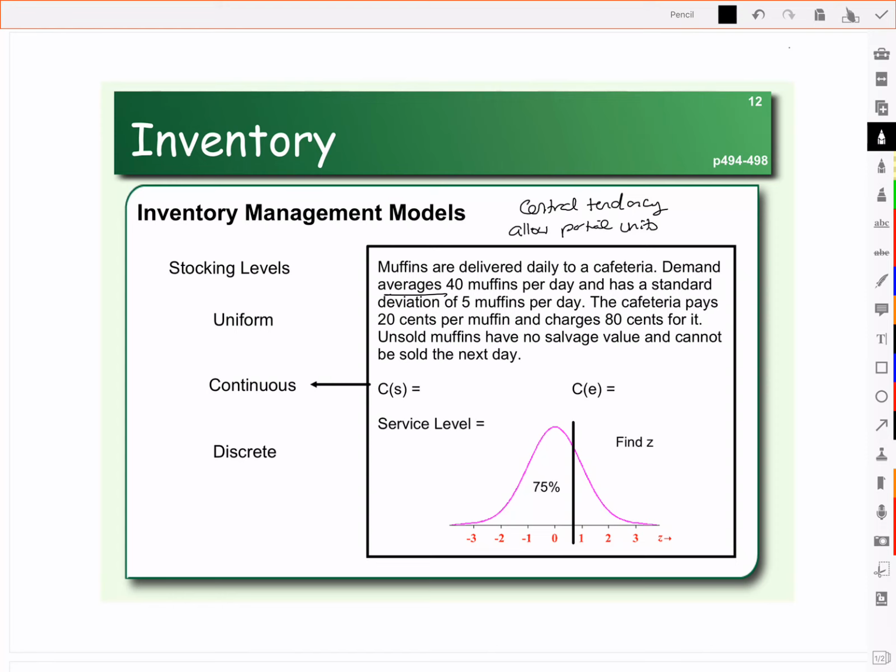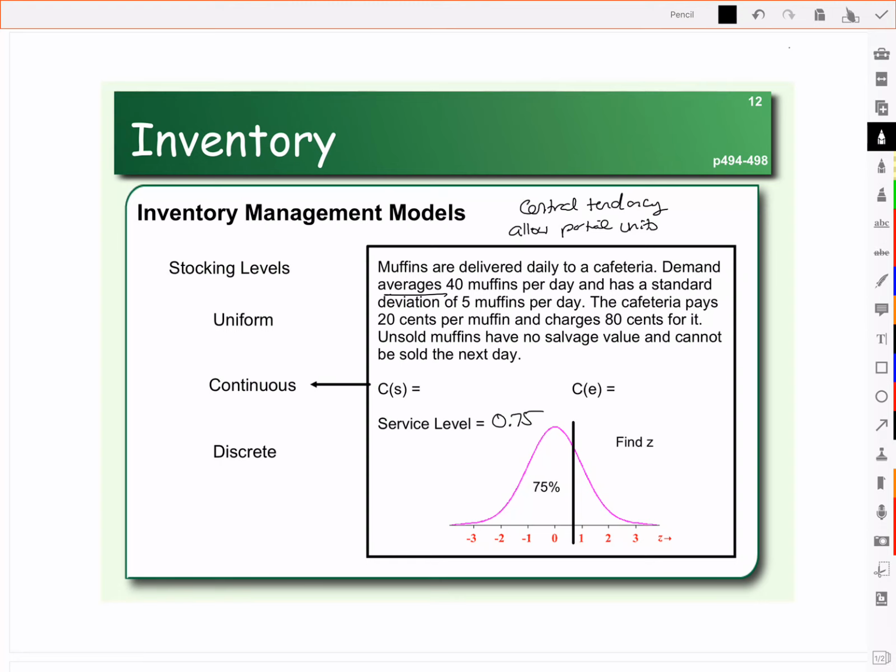But we have a measure of central tendency, so we have an average amount that we're using up, and partial units. That puts us with this continuous distribution. So let's use the same cost of shortage and cost of excess as before, which means our service level is still the same at 75%.